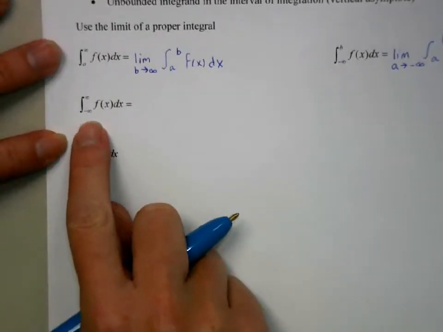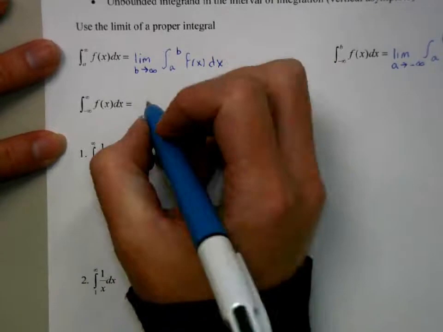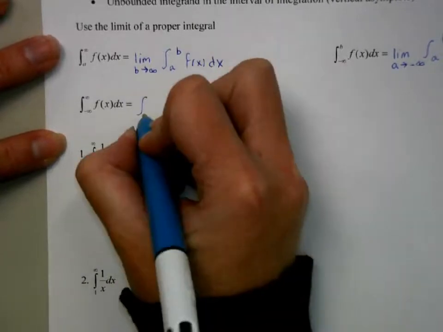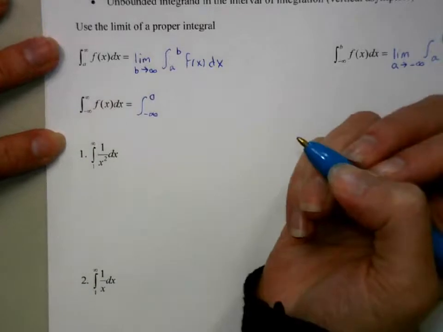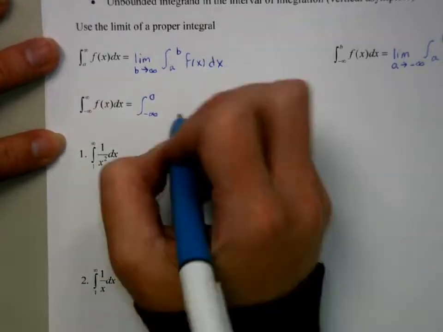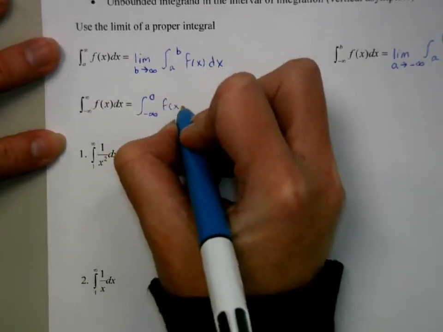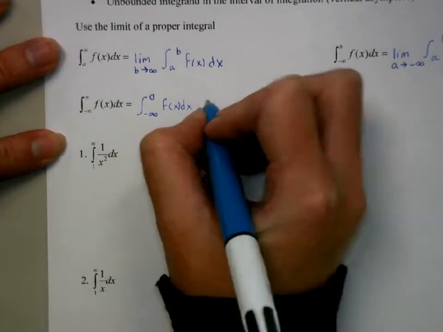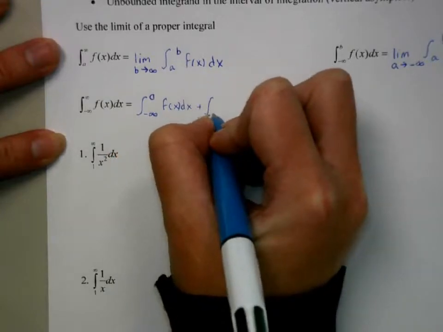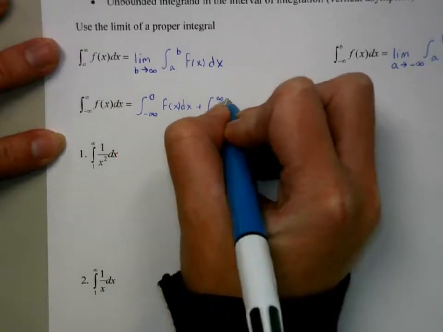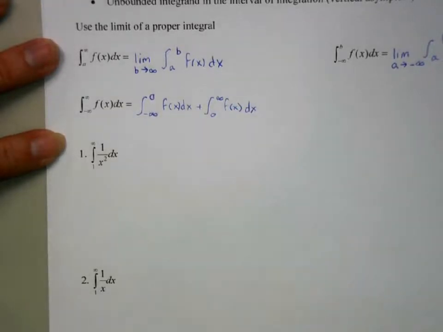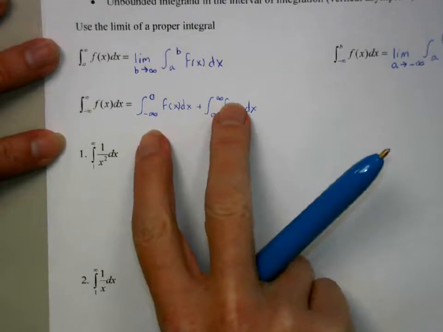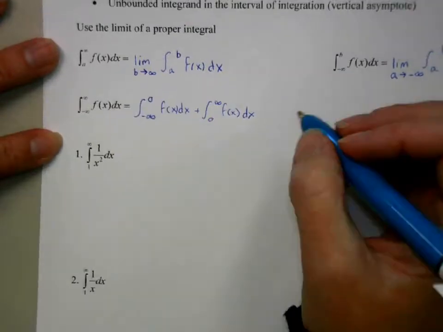This one, we're going from negative infinity to infinity. So the first thing I'm going to do is split it up into the integral from negative infinity to some constant. 0 is kind of a logical choice. I split it at 0, and then I'm going to write the two with the limits.